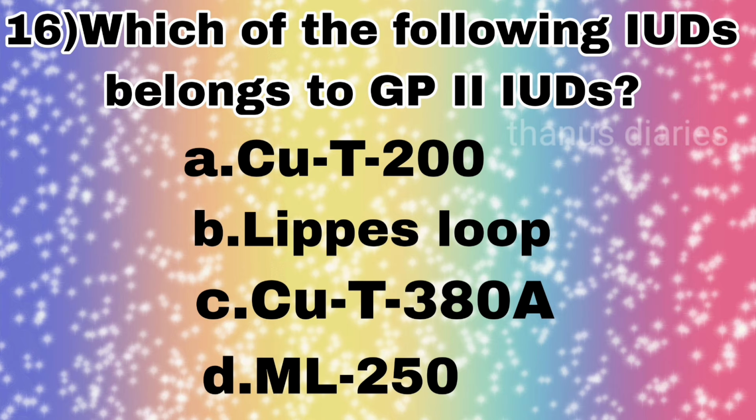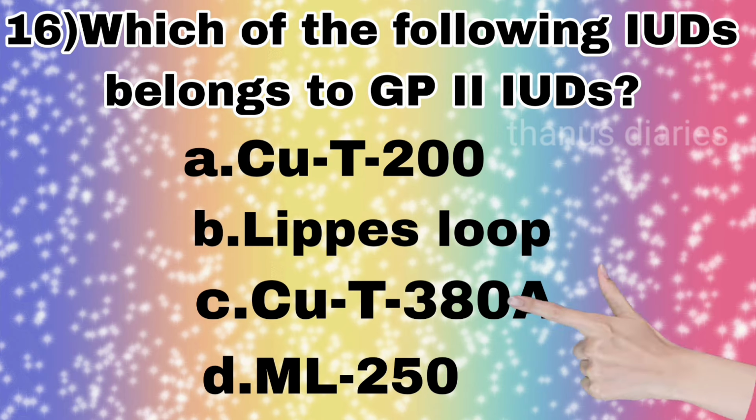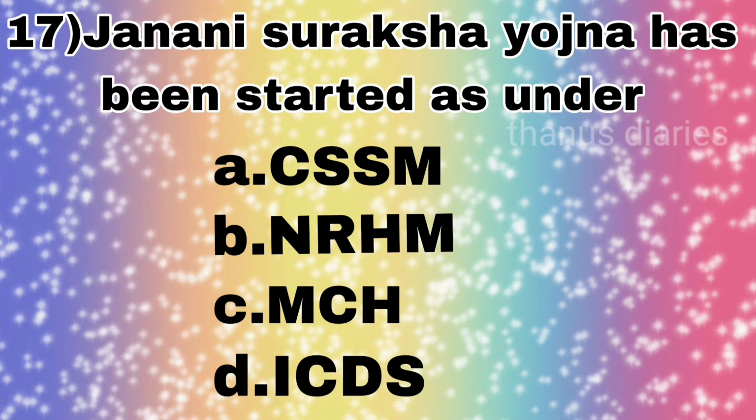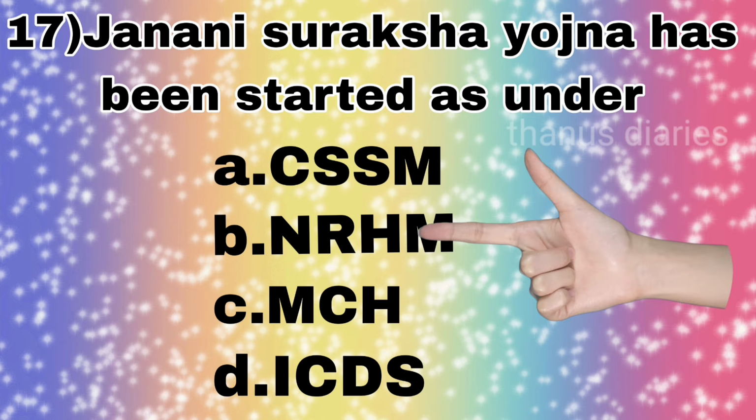Copper T200, Lippes loop, copper T380A, then ML250. It's copper T380A. Next, Janani Suraksha Yojana has been started as under CSSM, NRHM, MCH, ICDS. It's under National Rural Health Mission.